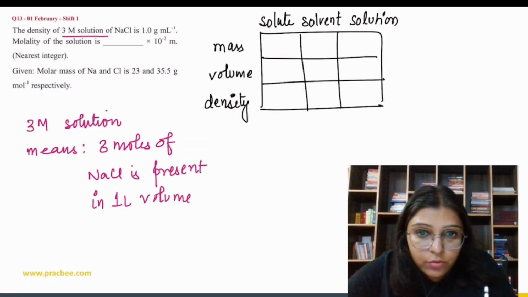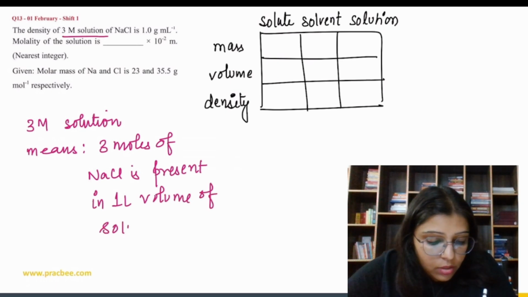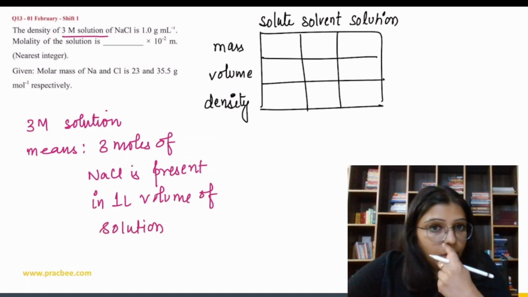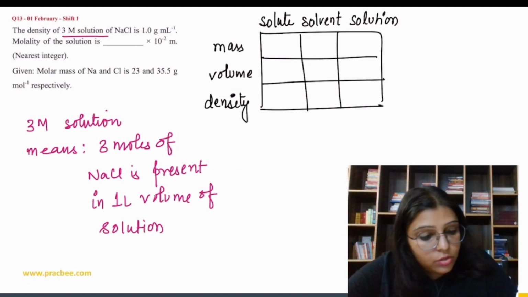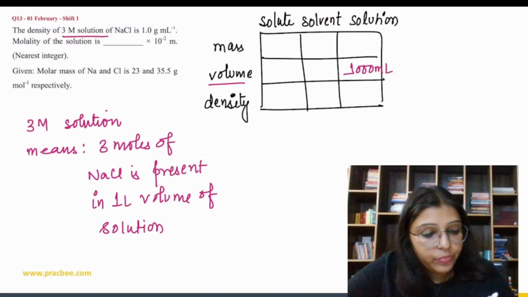So the volume of solution is 1 liter, so we write 1 liter, or we can also write 1000 ml.